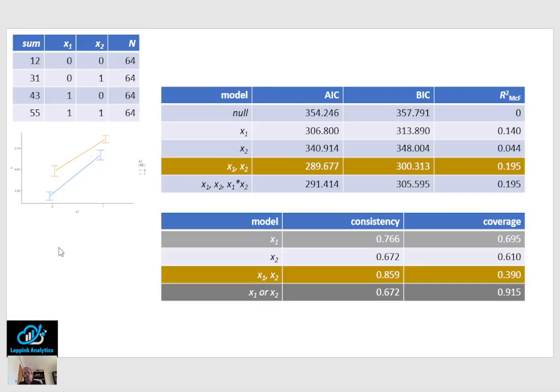Because there are a total of 64 plus 64 plus 64, so that's 192 cases where either x1 or x2 or both were present. And how many of those resulted in success? Well, 31 plus 43 plus 55. You divide that latter sum by the 192 and you get 0.67 as a consistency. So actually the same as what we got for x2.